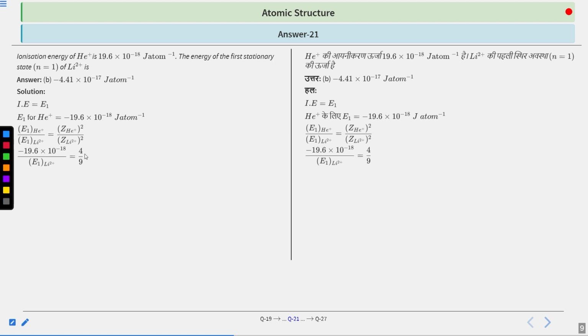Now we can say that E1 of helium plus by E1 of lithium 2 plus is equal to Z square of helium plus by Z square of lithium 2 plus, since it is directly proportional to Z square. Why have we not changed the orbit? Because we are removing the electron from the same orbit, hydrogen, helium, lithium, right? So we have taken it the same.